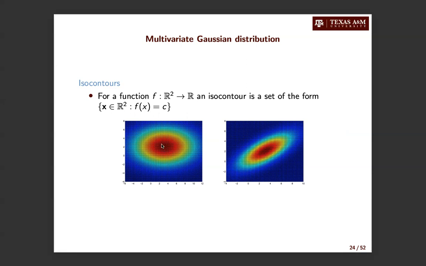So here we can see that in the center, because we have a higher concentration of samples, we have a darker red color, while the further away we go from the center, the more this color becomes lighter, and then it becomes darker blue. What is good about that is that we can see the directionality of the samples, which is very similar to the overall structure of the covariance matrix.